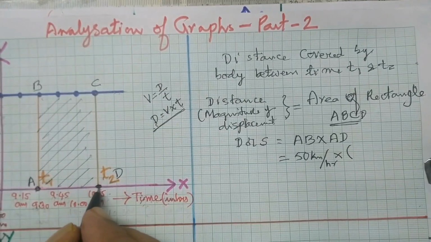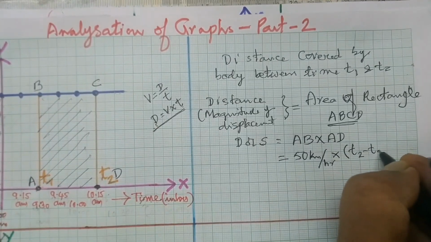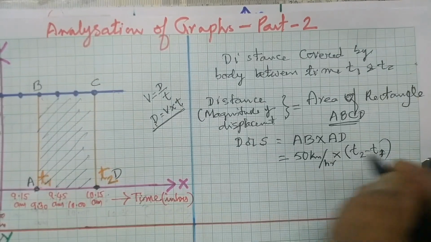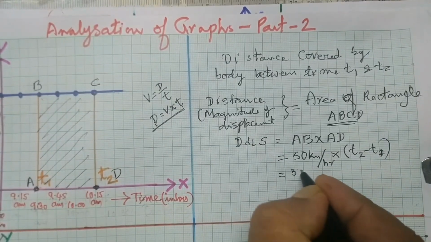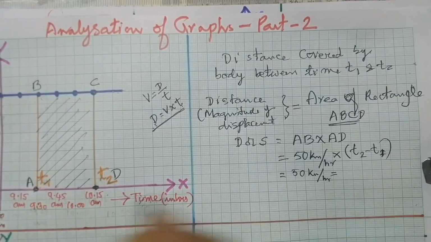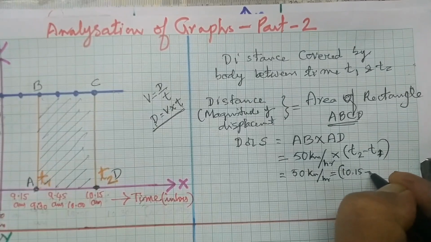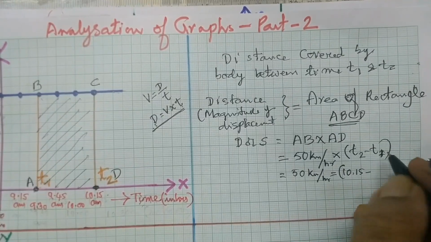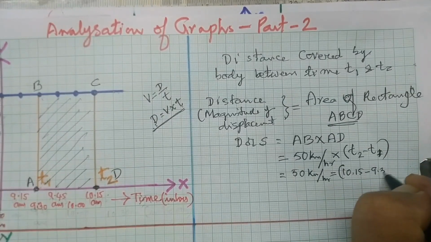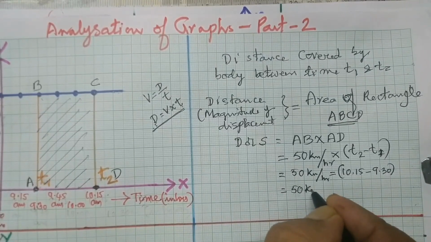AD is T2 minus T1. I will write it here: 50 kilometer per hour multiplied by T2, which is 10 hour 15 minutes, minus 9 hour 30 minutes.